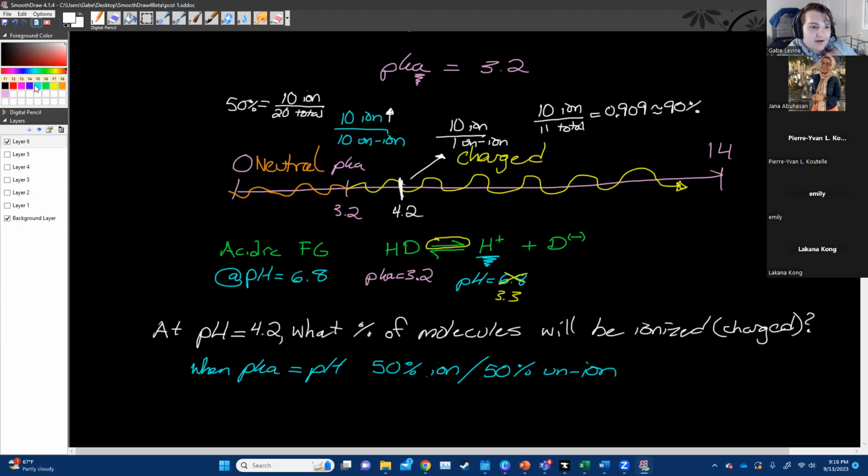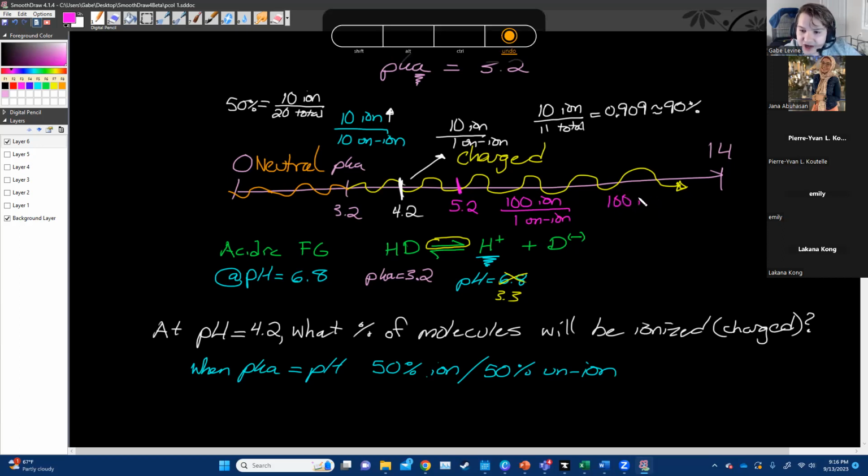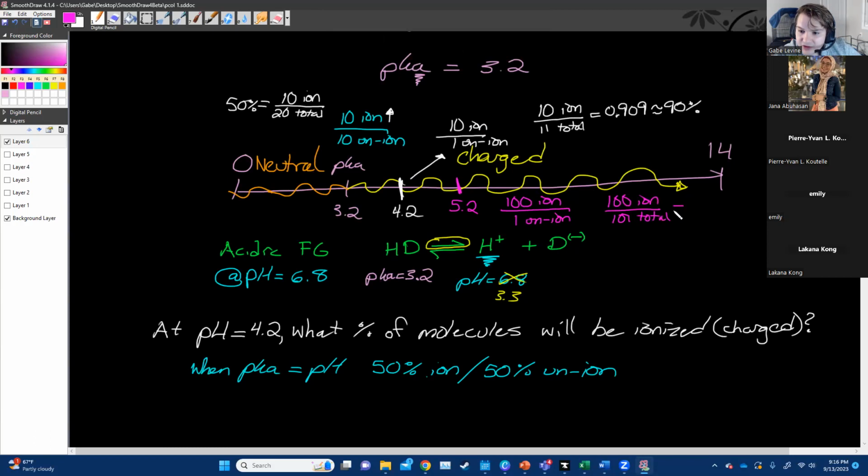If you were to hop another space and go to 5.2, we would have a ratio of 100 ionized to every 1 unionized. Which would mean that we have 100 ionized for every 101 molecules, which is around 0.99 or 99%.